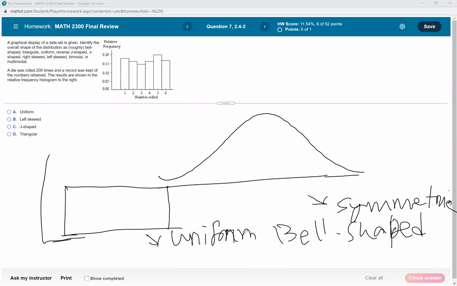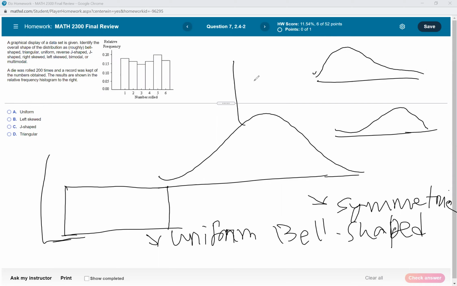And if you have this, it is left skewed. And if you have this type of distribution, this is right skewed. And this is called reverse Z-shaped. And triangular is if the shape of the distribution is like this.